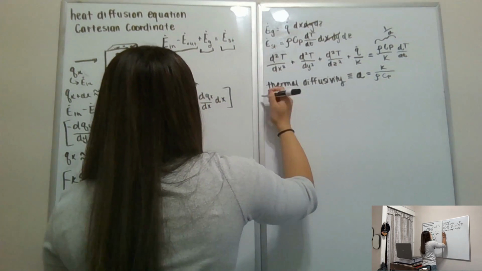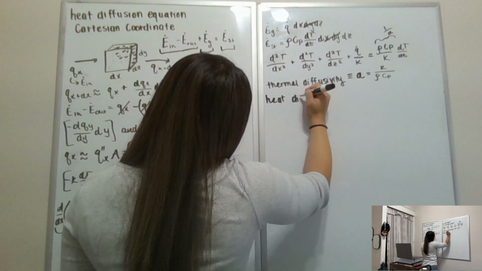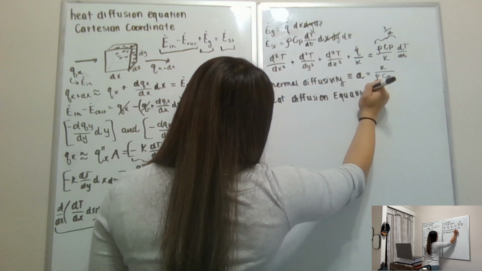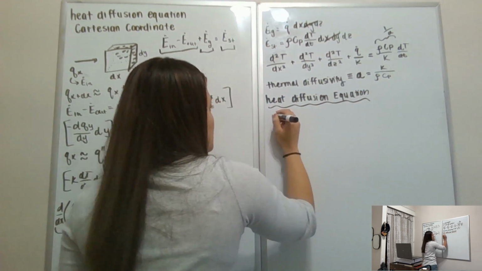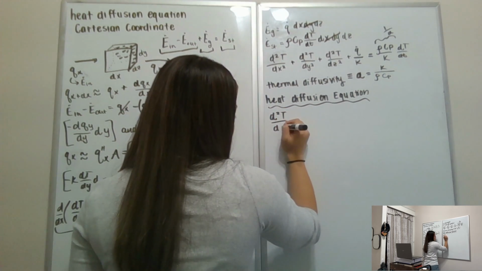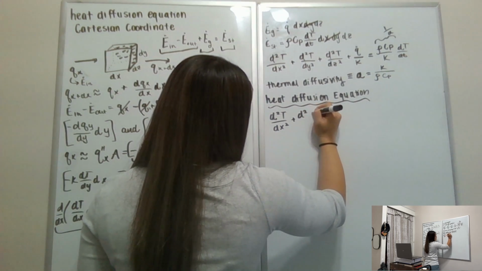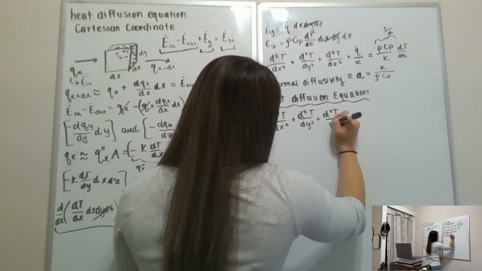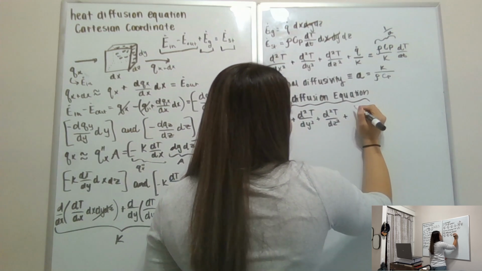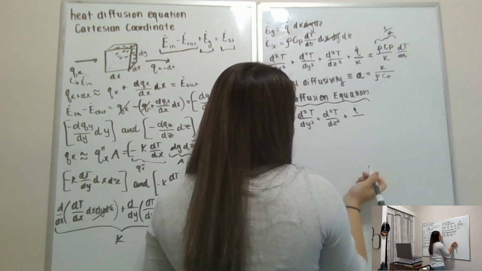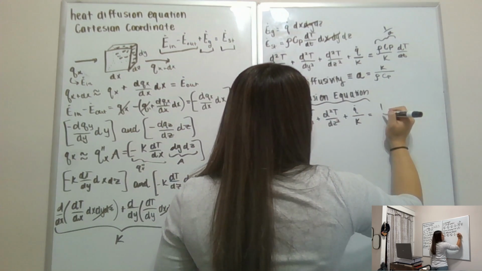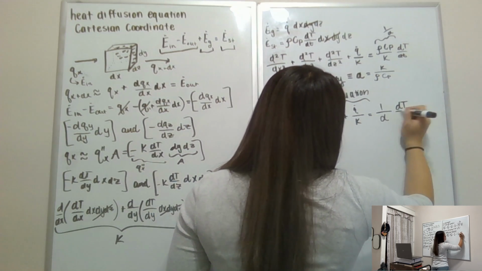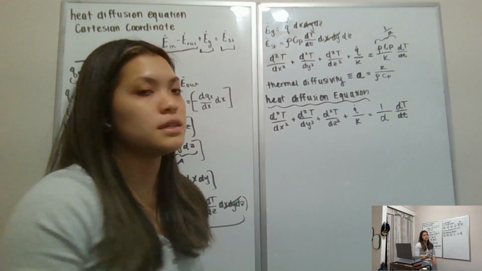That gives our final heat diffusion equation, which is the second derivative of temperature with respect to x plus the second derivative of temperature with respect to y plus the second derivative of temperature with respect to z plus the heat generated over the thermal conductivity is equal to 1 over alpha, the thermal diffusivity, times the derivative of temperature with respect to time, and that is our final equation.